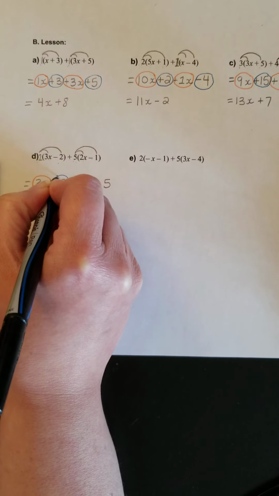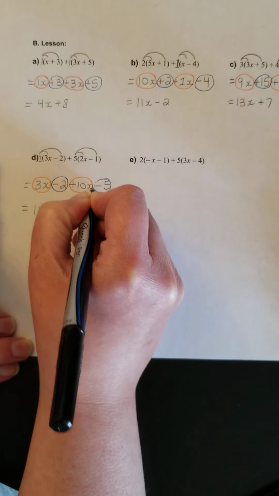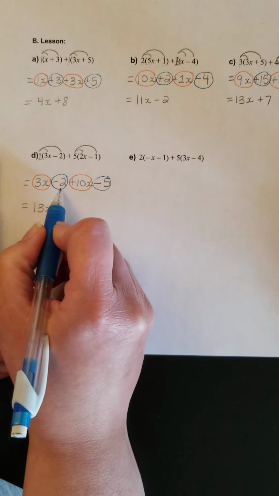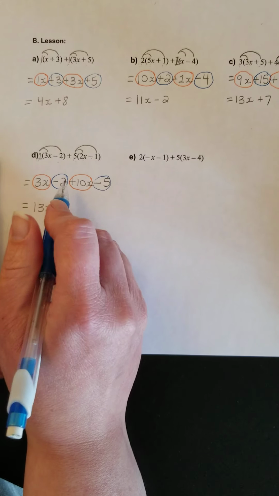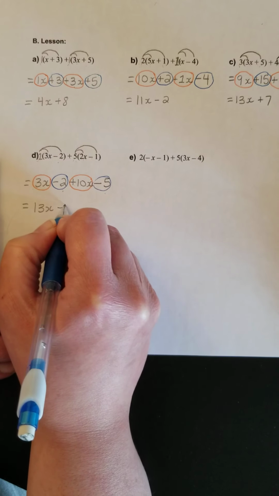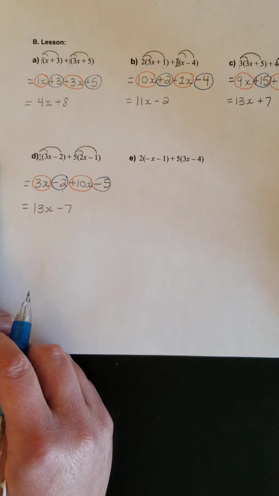Here I've got some negatives. Negative 2 minus 5. So on your calculator, if you are not super confident with negatives, please check it on your calculator. Negative 2 take away 5 more is negative 7. So that's my answer, 13x minus 7.